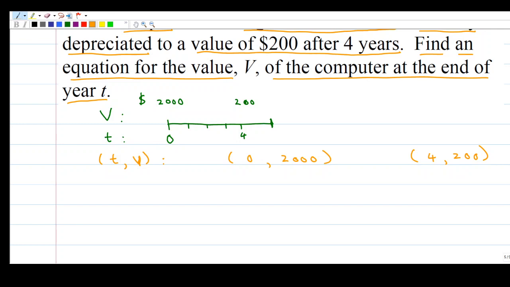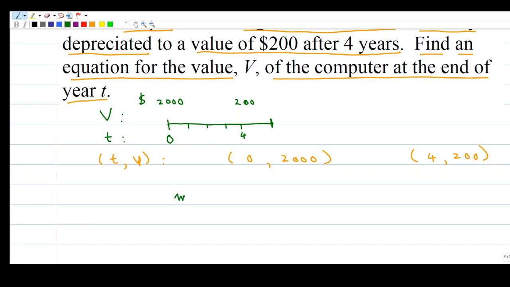We're told that it's a linear function because it's being linearly depreciated. That's how depreciation works. So we've got 2 points on the function, 2 ordered pairs.